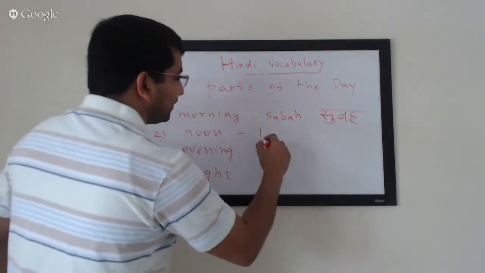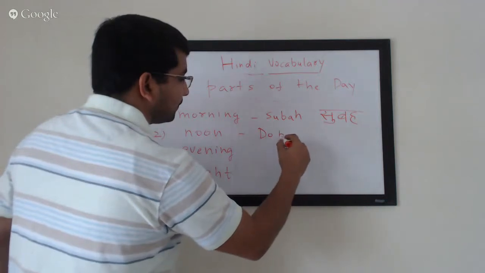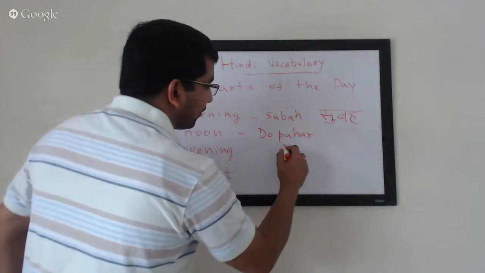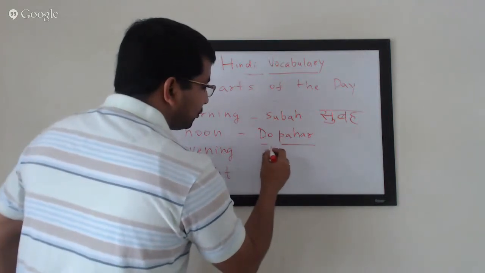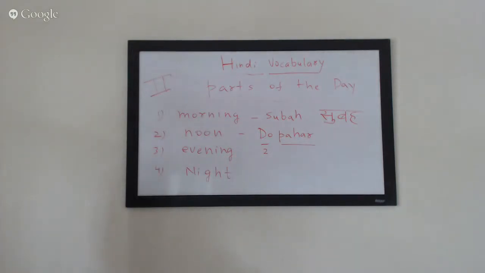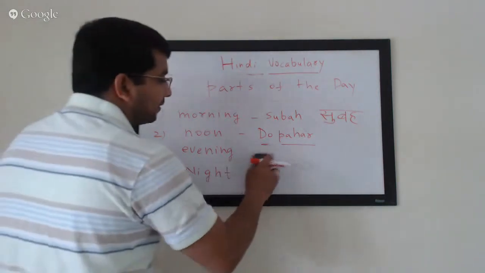Noon is dopahar. As you can see, it has the keyword pahar, and do is nothing but the number two. So this is the second pahar of the day, that's why they use dopahar.